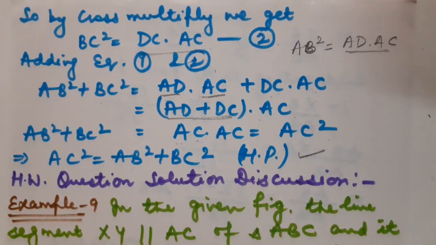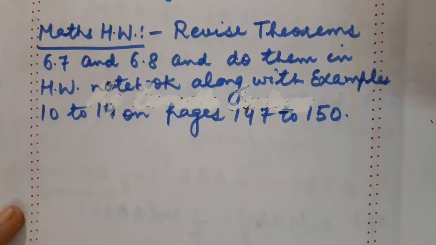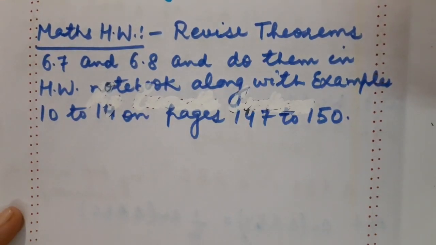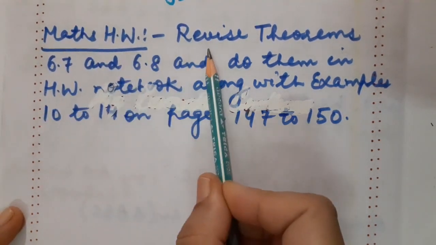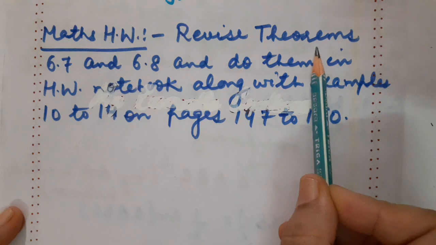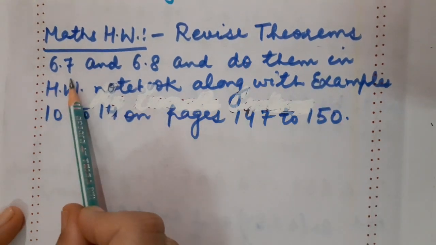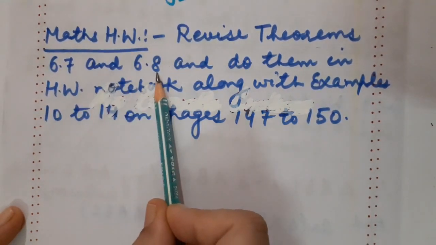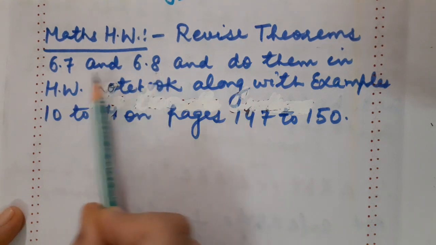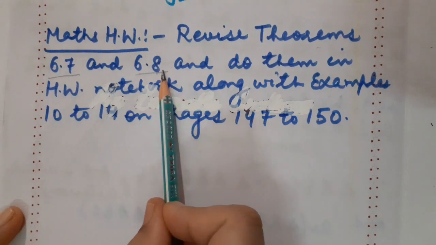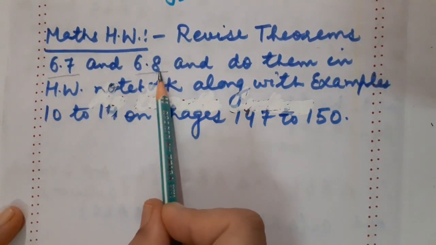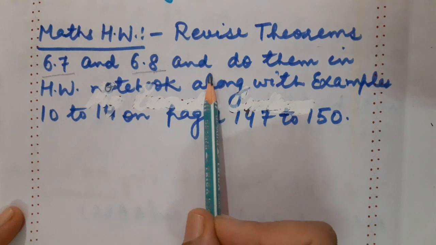Clear? Okay. Now children, first of all you get your mathematics homework. Then I am going to discuss the example solution which I gave you in my previous lecture as homework. Your maths homework is to revise these two theorems which I have taught you today, that is theorem 6.7 and 6.8. Very, very important theorems these both are. If you learn these theorems by heart and understand them, then definitely you will be able to solve the next exercises yourself.